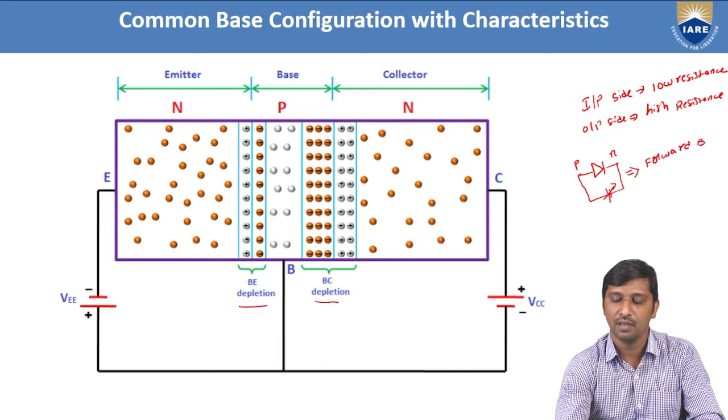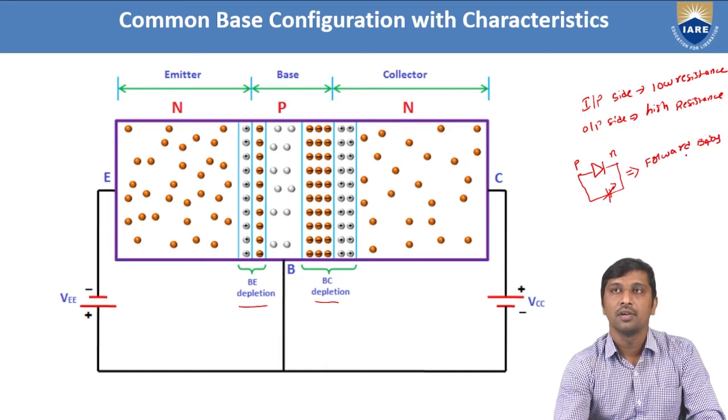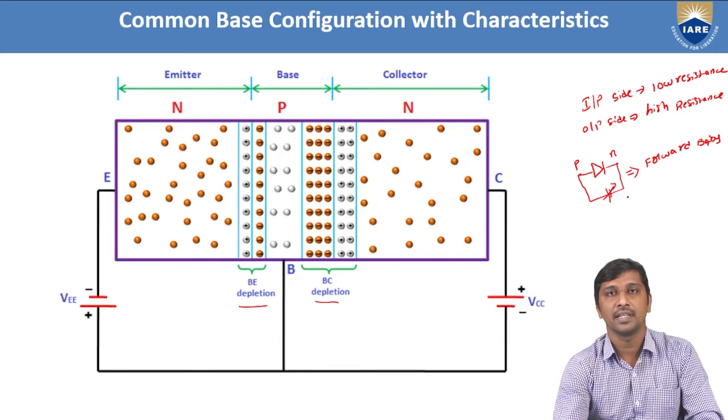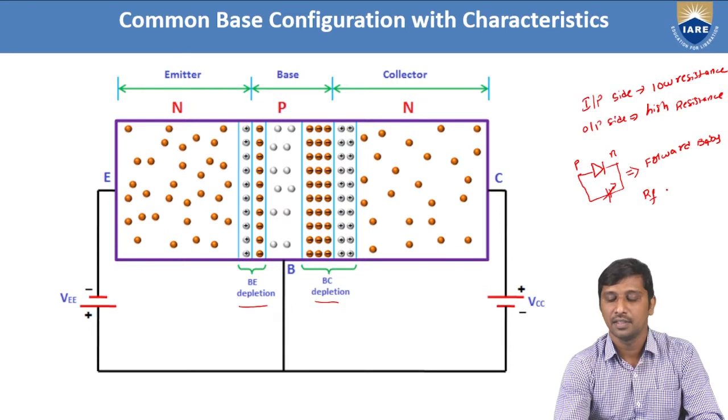When a PN junction diode is under forward bias, it offers a forward resistance, represented as RF. But under forward bias, the diode offers very small forward resistance. That is the reason RF is very small here.